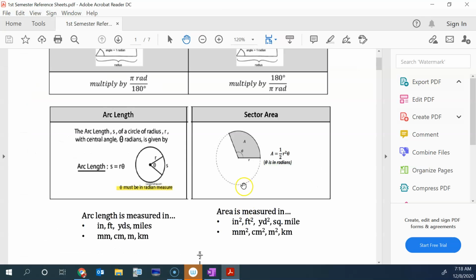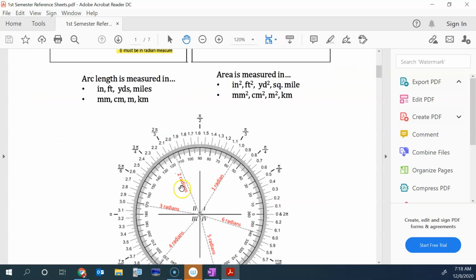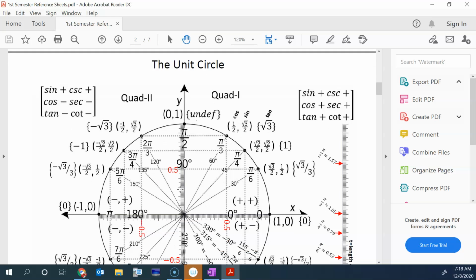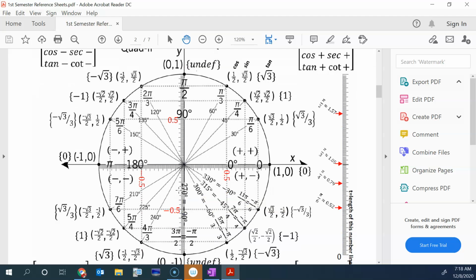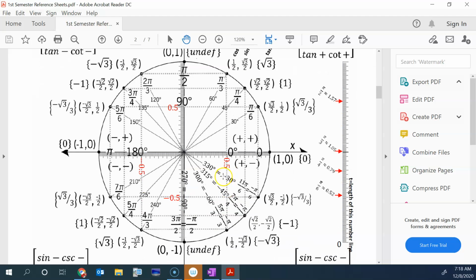All right, so what this is referring to is when we learned about wrapping a number line around the unit circle. If we were to take this number line here and wrap it around this unit circle, wherever these different values landed, like pi over 6 and pi over 4 and pi over 3, those landed on these dots here.